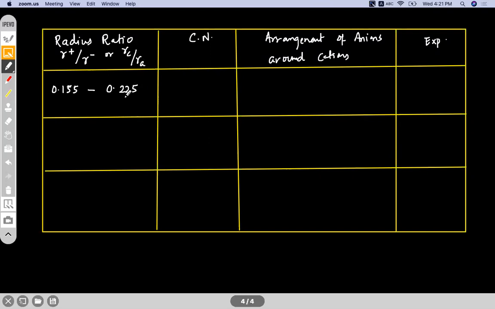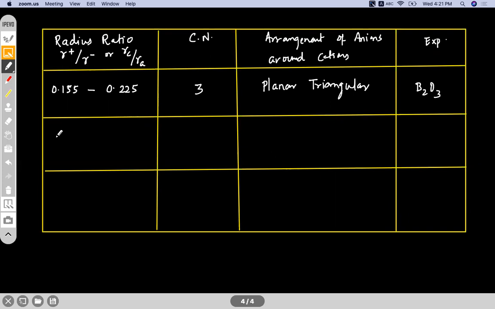If it falls in this range, then the coordination number is 3, and the arrangement of anions around the cations is triangular, which we also call planar triangular. And we get a triangular void here. B2O3 is an example. Example is not important in this.